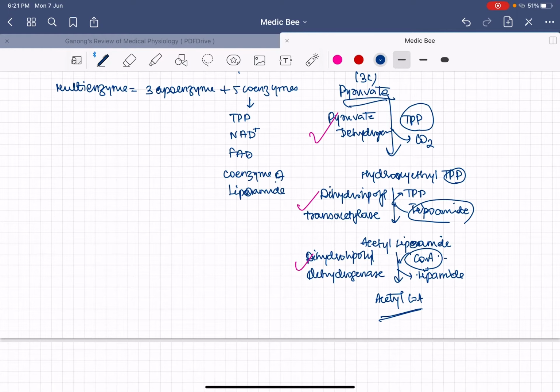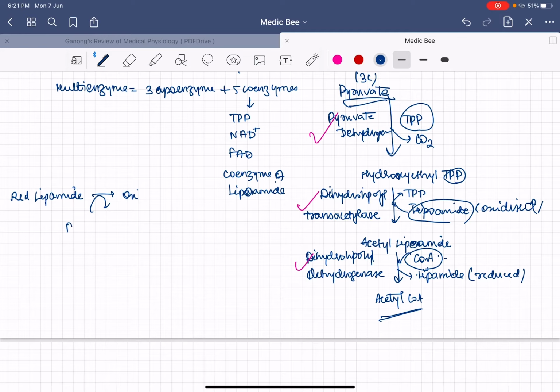So where are NAD plus and FAD getting used? The lipoamide that is produced here is in the reduced state, but the lipoamide that is used here is in the oxidized state. For the successive reaction to take place, the reduced lipoamide has to be converted to the oxidized form with the use of FAD.